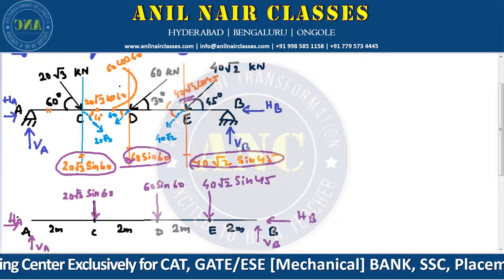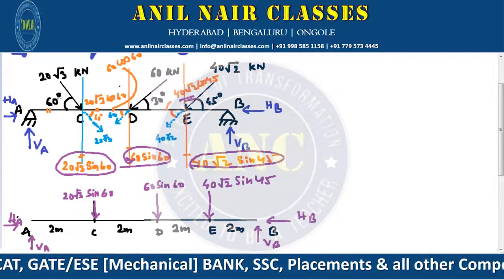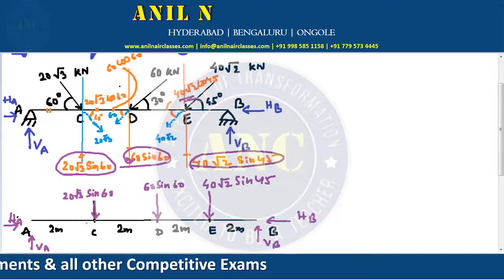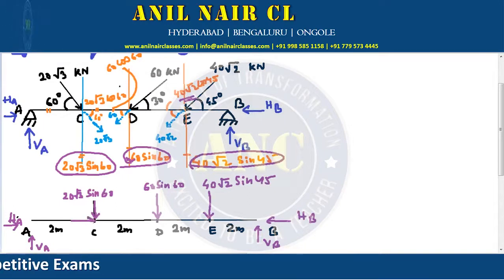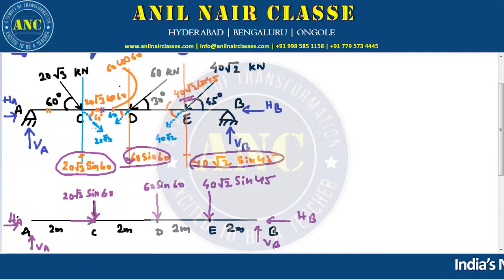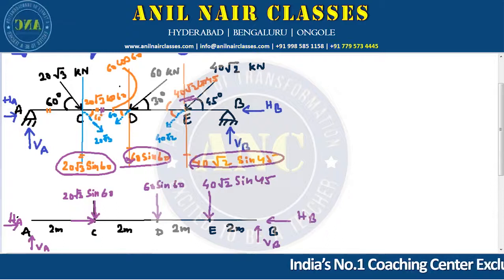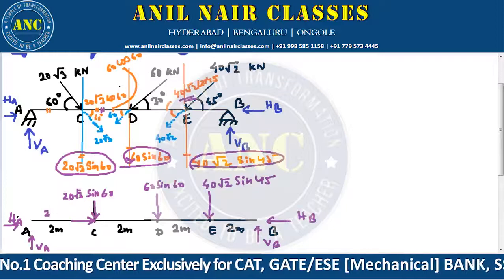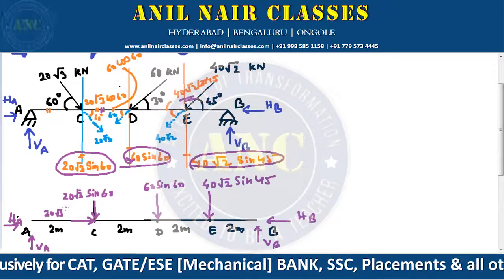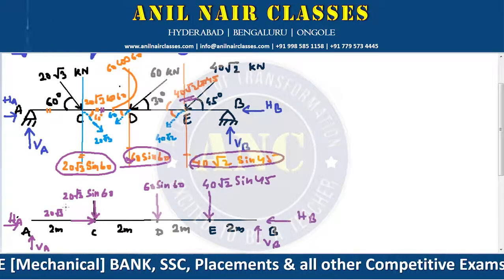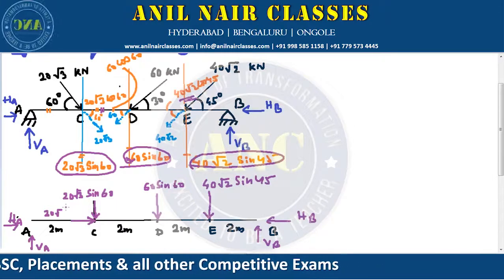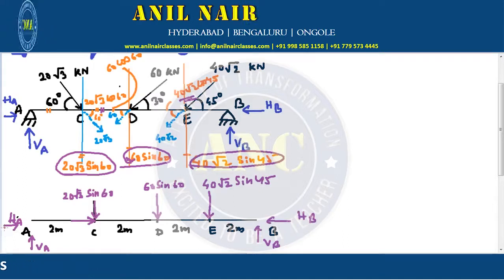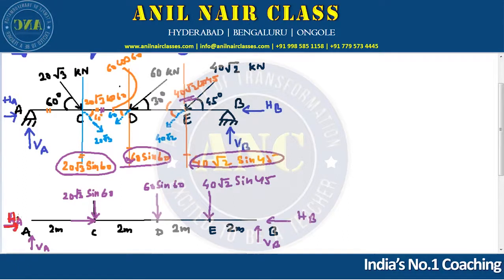We are still left with the horizontal components. So if you see this 20 root 3 kilonewton, it falls in the first and fourth quadrant, so it will be in this direction, correct? So this is 20 root 3. I'll put the horizontal in another color. So this is HA.